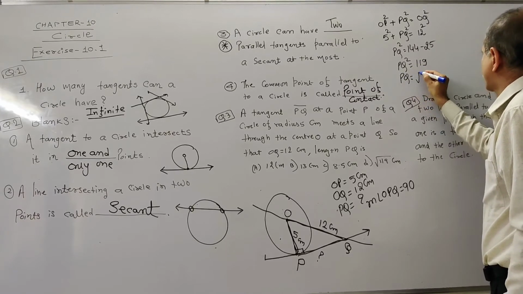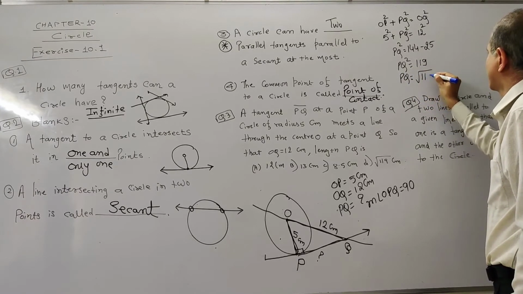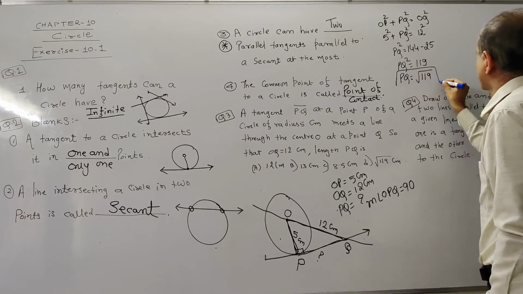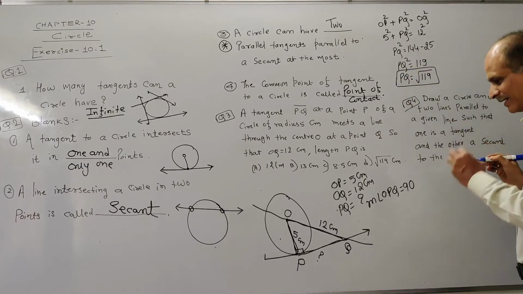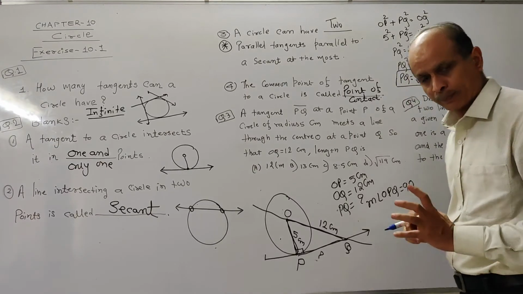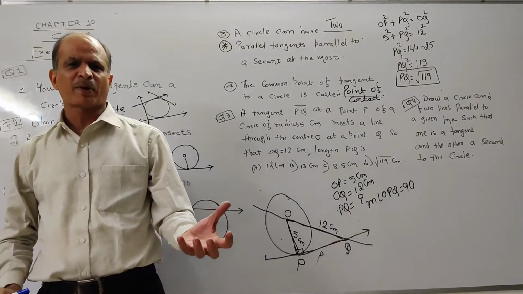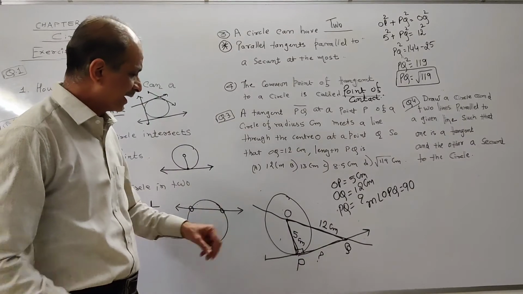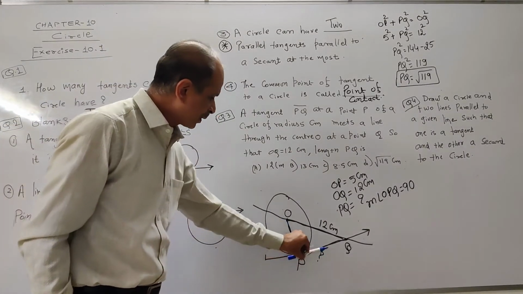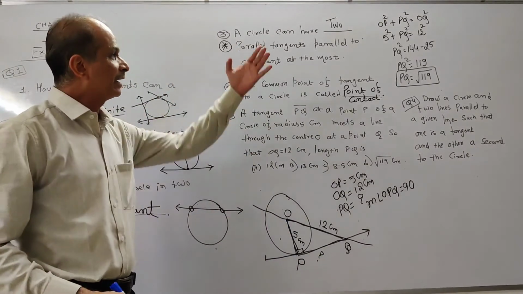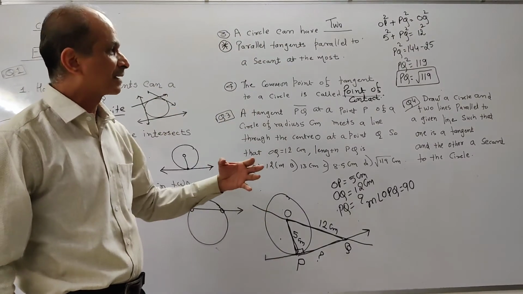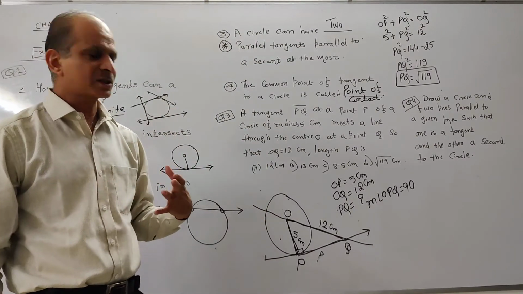So PQ is equal to square root of 119. So square root of 119 is the length of PQ. So we have used one concept of 10 standard, concept number 10, that is, the radius is perpendicular to the tangent. And then we have used one concept of 8 standard, and that is Pythagoras principle.